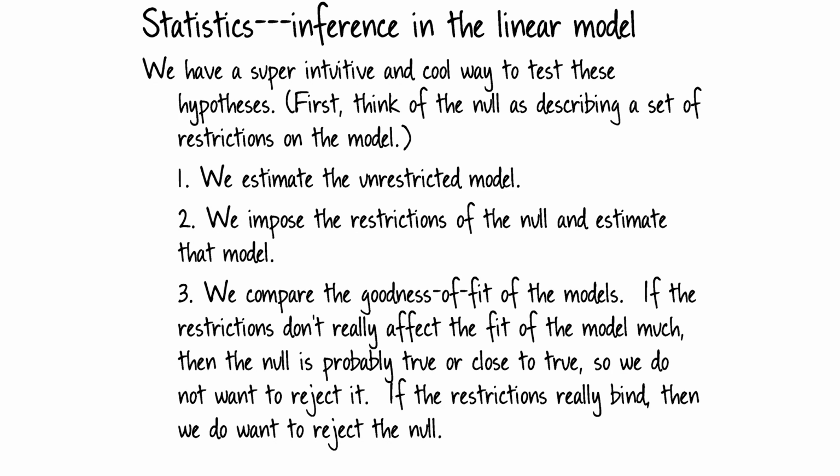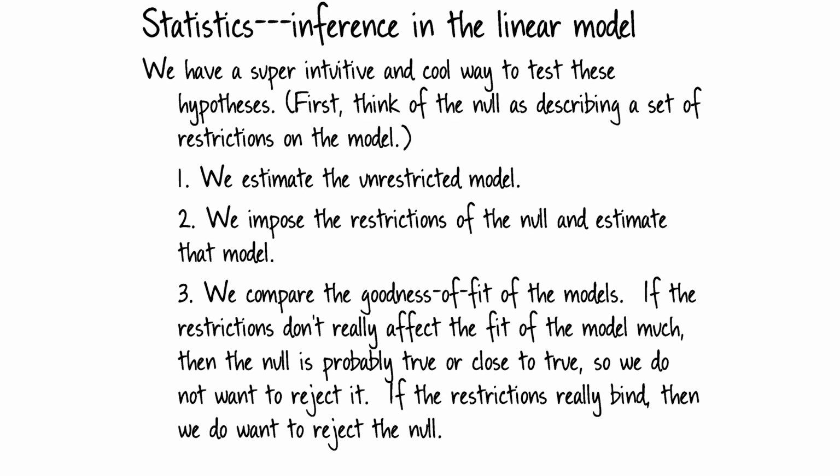Then here's how we perform the test. We estimate the unrestricted model. We impose the restrictions of the null and estimate that model. And then we compare the goodness of fit of those 2 models. Okay? So that's why I love this test. It seems really intuitive to me that if you have a set of restrictions and they really bind, and they really affect how good your fit is, then that tells you maybe those restrictions are not true.